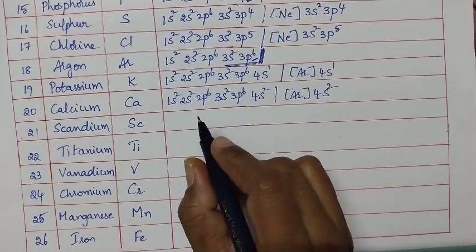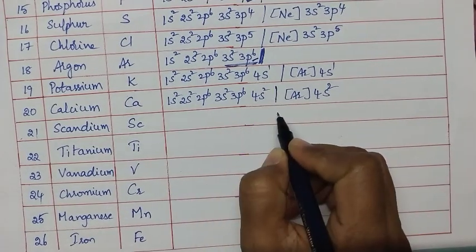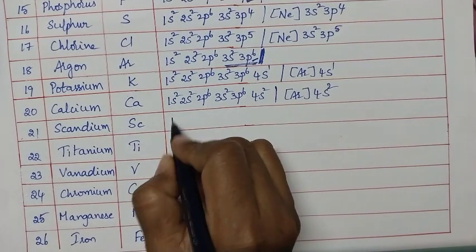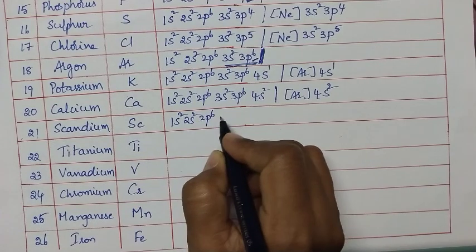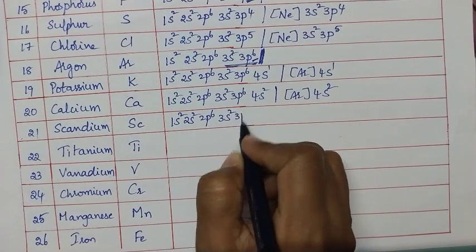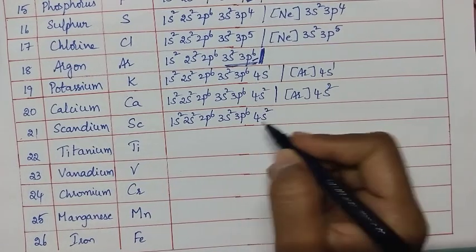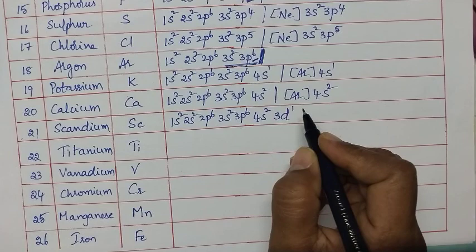Clear, students? It is the configuration of calcium. And coming to the scandium, here the next electron enters into the 3d orbital. Remember, 1s2, 2s2, 2p6, 3s2, 3p6, 4s2 and then the differentiating electron enters into the 3d orbital.